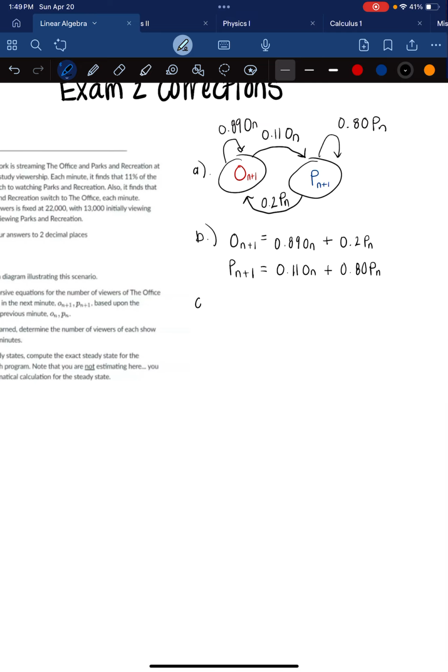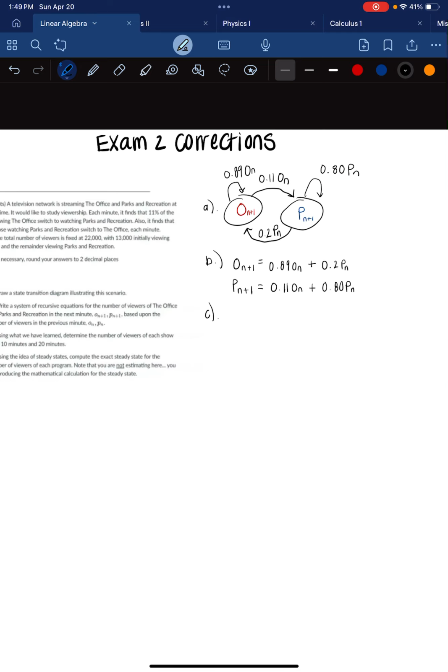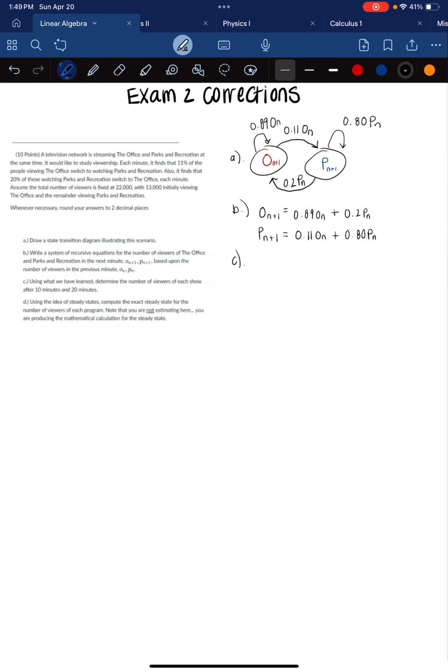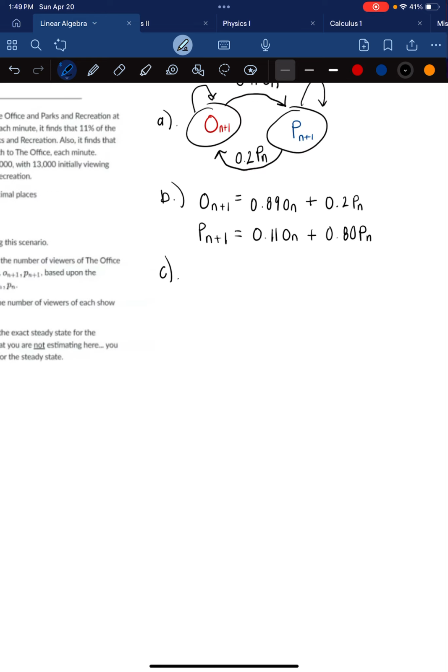Okay. Part C says, using what we have learned, determine the number of viewers of each show after 10 minutes and after 20 minutes.